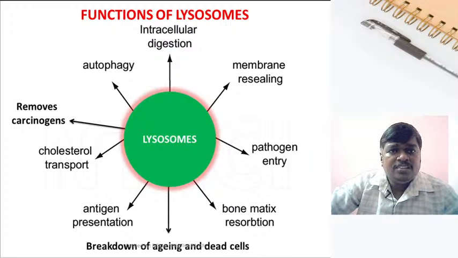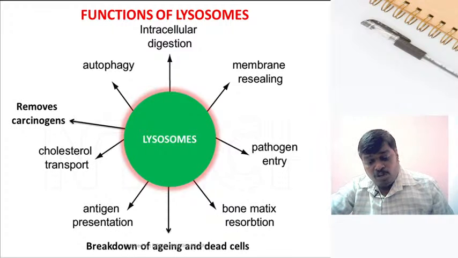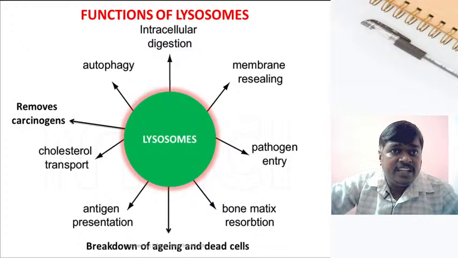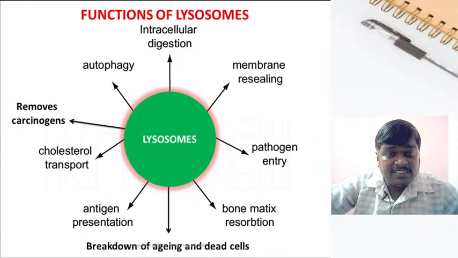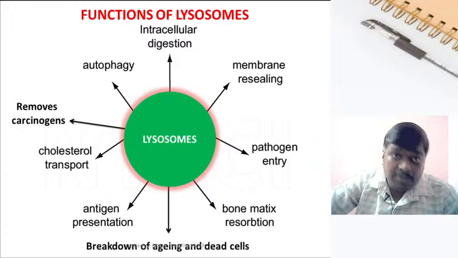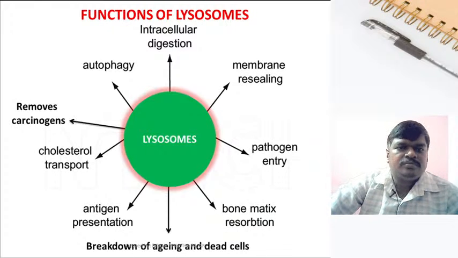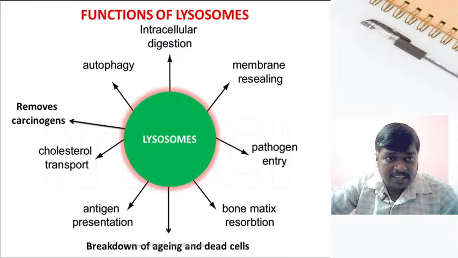then it can somehow be controlled by the pathogen defenses, because cancers are mainly not only because of biological agents, there are chemical and physical agents also involved in causing cancer. In those cases, the lysosomes cannot act immediately in all cells, because the lysosomes already have a lot of functions to do in the cells.